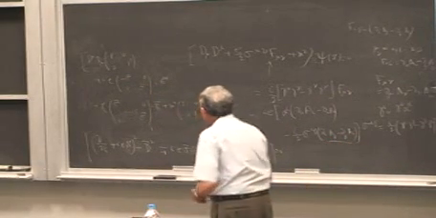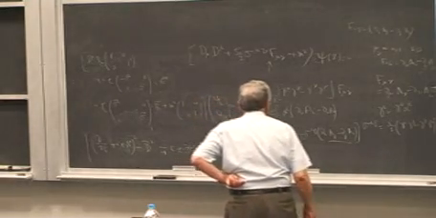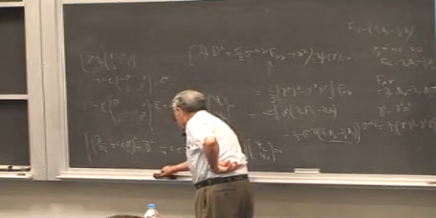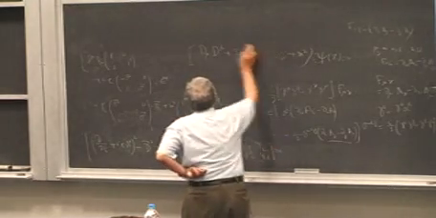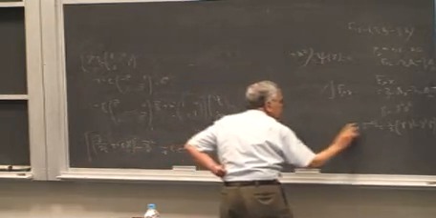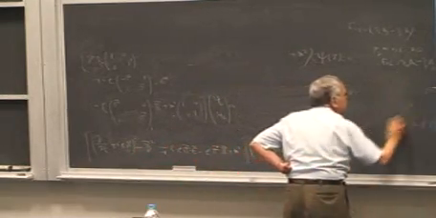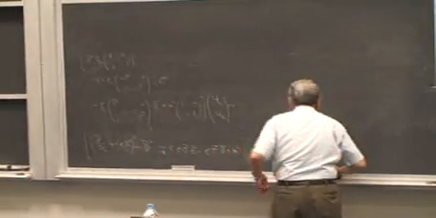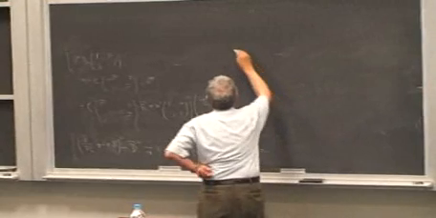So let me consider two cases. One I will consider here in detail. The other I will just give you, because I will not have time to consider that. So let us consider two cases.